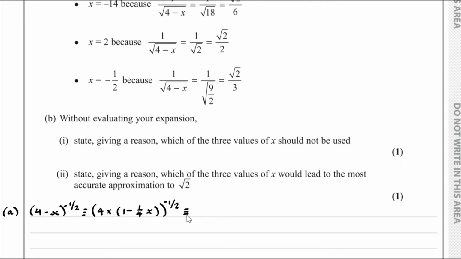So this is equivalent to 4 to the power of minus 1/2 lots of 1 minus 1/4 x to the power of minus 1/2. And we can tidy this up a bit. 4 to the power of minus 1/2, that's simply 1/2. So we have 1/2 lots of 1 minus 1/4 x to the power of minus 1/2.